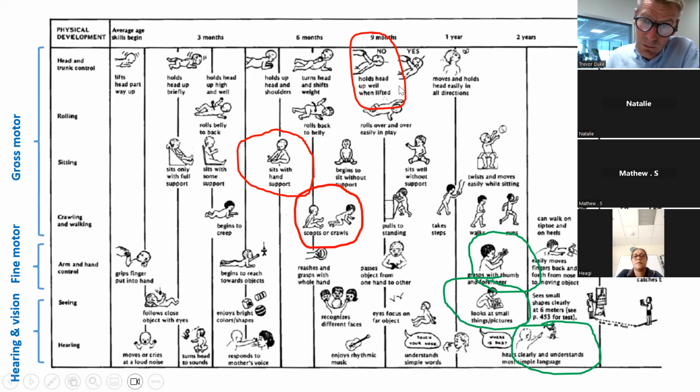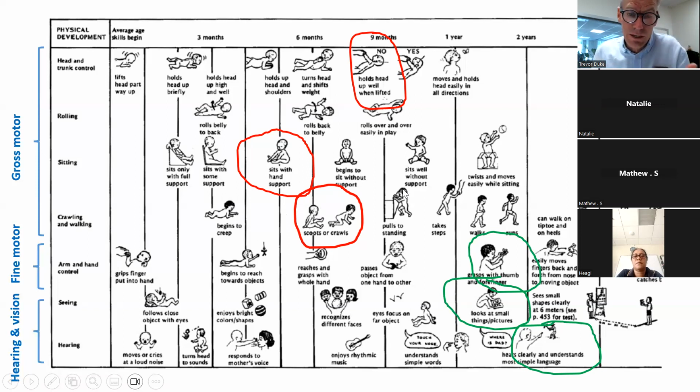But still, they were gross motor delayed, in that they still had a bit of head lag, and could just sit with hand support, and could crawl a little bit, but by the age of 2 still wasn't up to standing and walking independently. And so you've got a child who's got adequate vision, hearing, and fine motor skills, but you've got gross motor developmental delay because of severe muscle wasting.